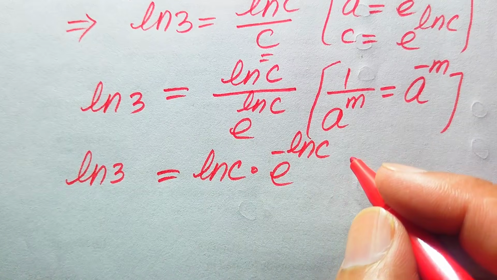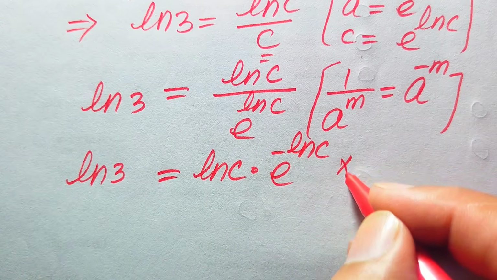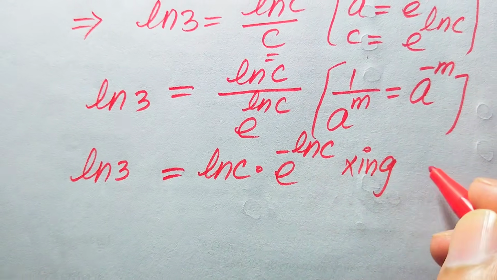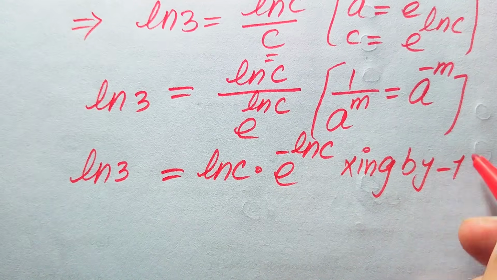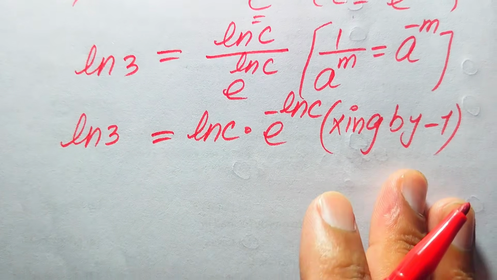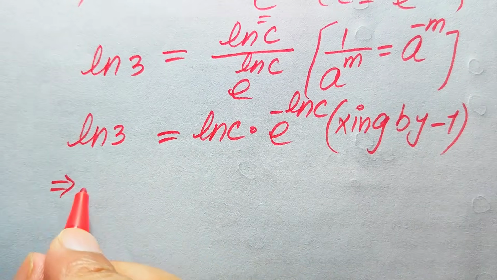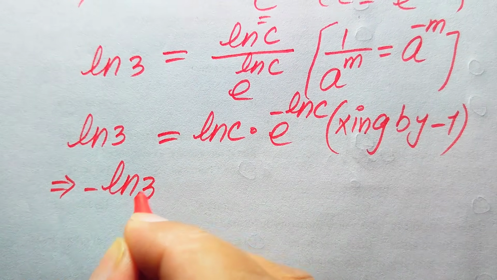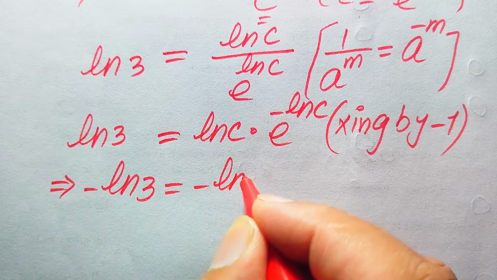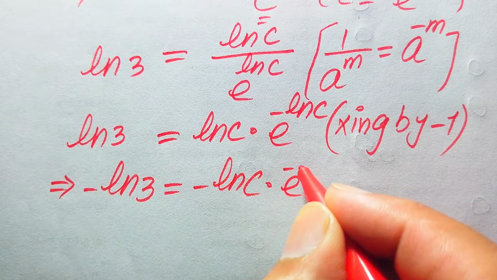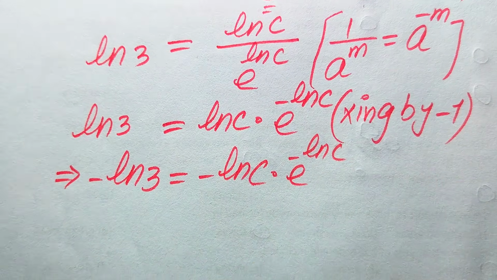In the next step, we multiply both sides by minus 1, and this is written as minus log 3 equals minus log c times e to the power of minus log c.